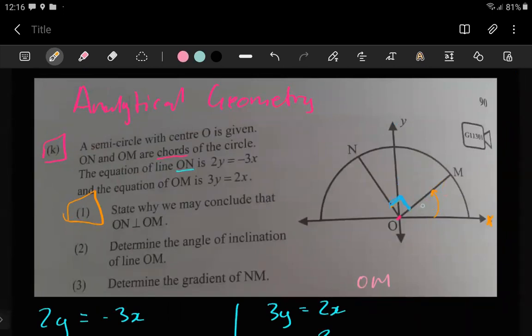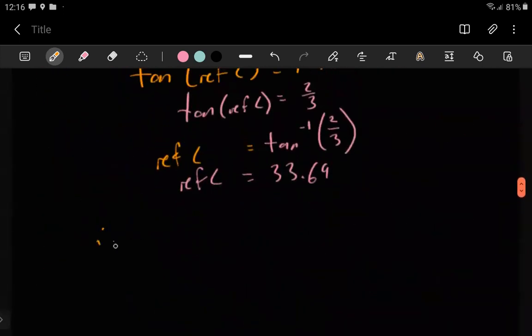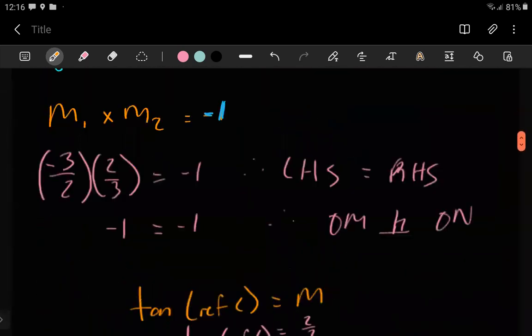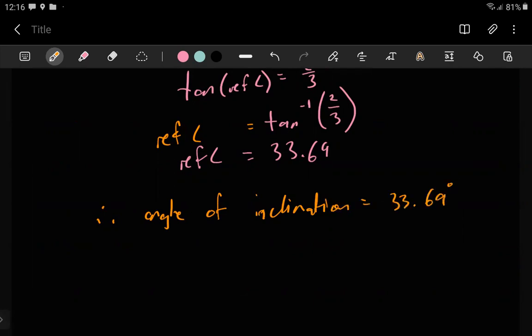And just looking at this, you see it's an acute angle. So 33.69 as the angle there is definitely valid. So the angle of inclination is equal to 33.69 degrees.